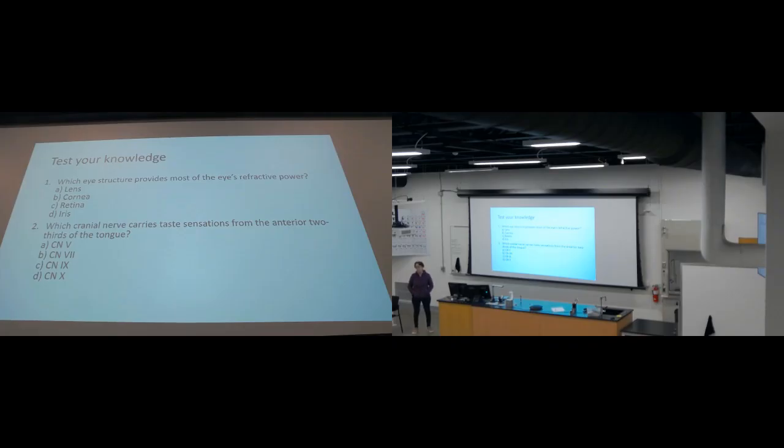Sensation of taste in the posterior third: 9 and 10, right? And what about pain? What if you bite your tongue, or if you eat spicy food? What nerve carries that information? You don't bite your tongue and say, oh, how good I taste. 5, trigeminal.